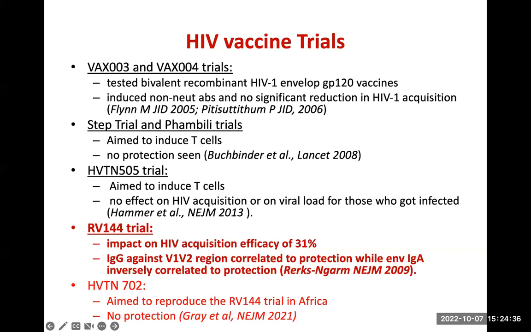You have the other version called PEP, post-exposure prophylaxis, where if someone has been exposed to HIV, they can get some ARVs, and in case HIV was trying to infect that person, that infection process can be curtailed. Antibodies are also being evaluated in some studies to see whether they can be used as a form of PEP.